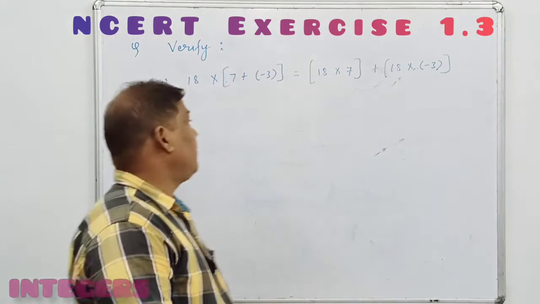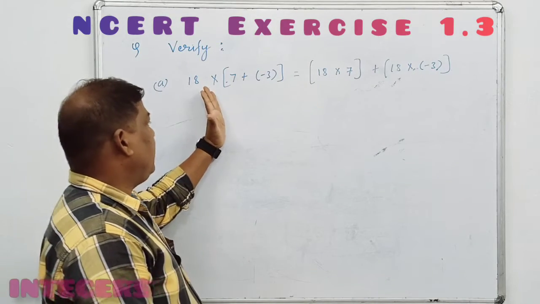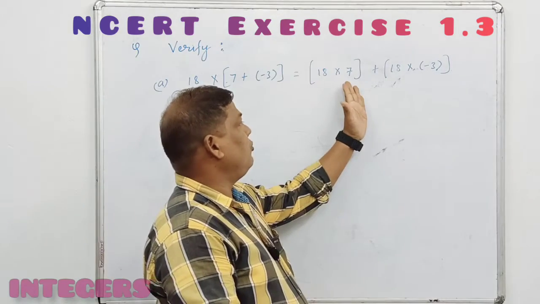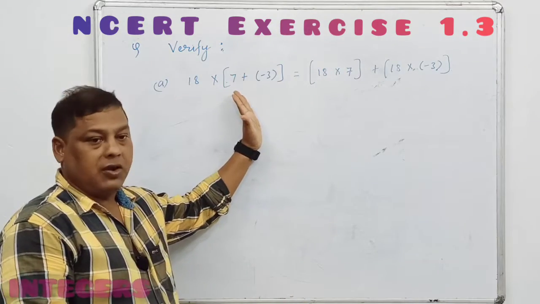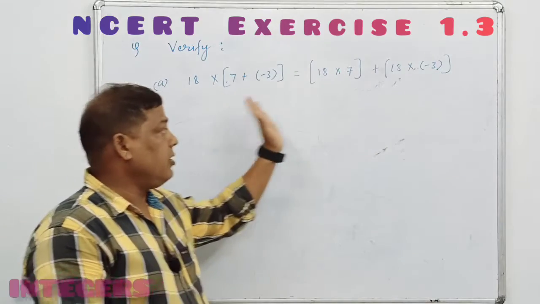The next sum, verify that 18 multiplied with 7 plus minus 3 is equal to 18 into 7 plus 18 into minus 3. So it is in the form of the distributive property of multiplication over addition.